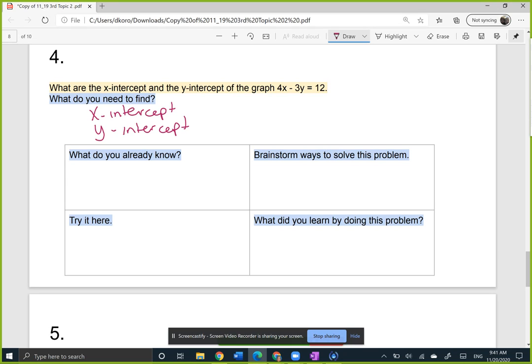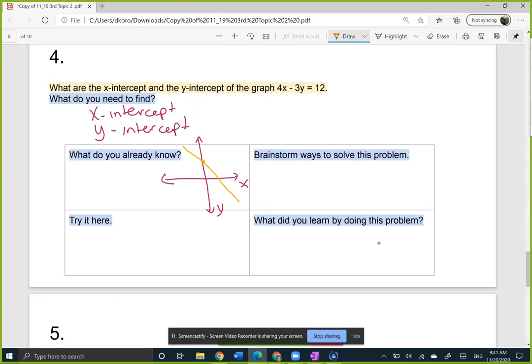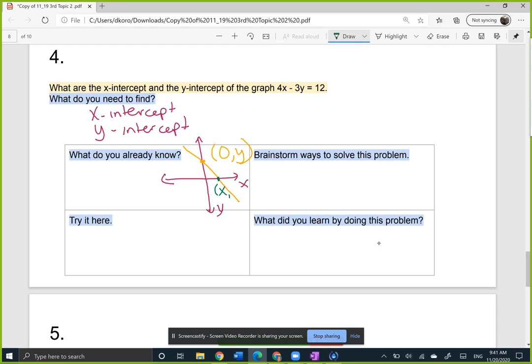Okay, what do I already know? Well, I already know if I have a graph, an x and y axis, and if I have a graph that goes through this, I know that my y-intercept, my ordered pair there, is (0, y). And I know that my x-intercept is (x, 0).